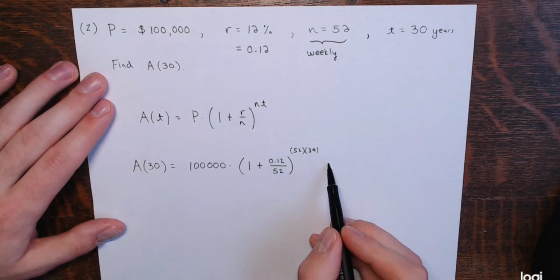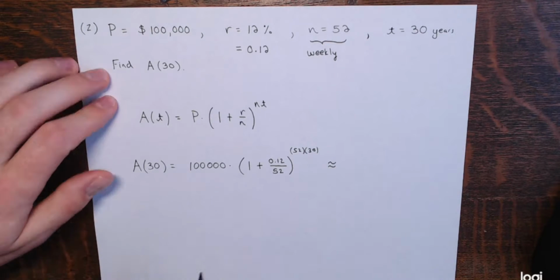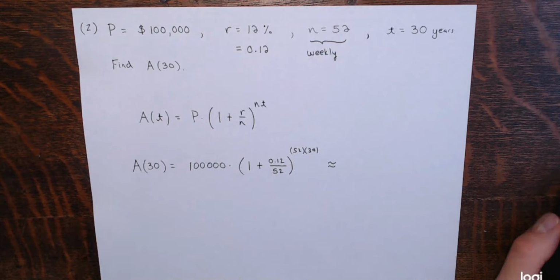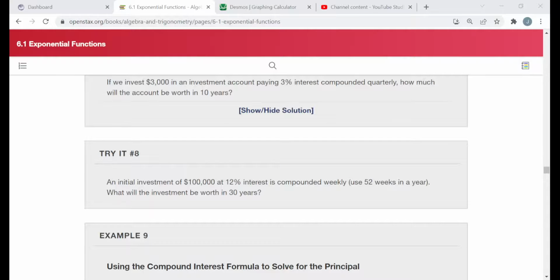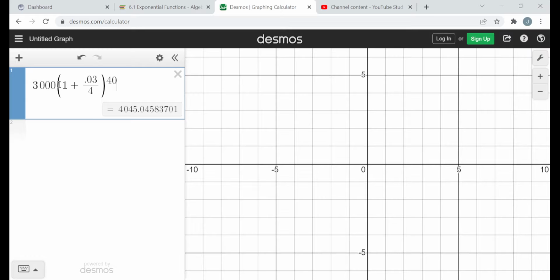And I'll put this into the calculator. We'll round this to the nearest cent. So I'm really just changing some stuff up here, so I'll keep the same basically. So 100,000, the initial amount, that principal. 1 plus, not 0.03 for the interest rate, but 0.12. And we're not compounding 4 times a year.